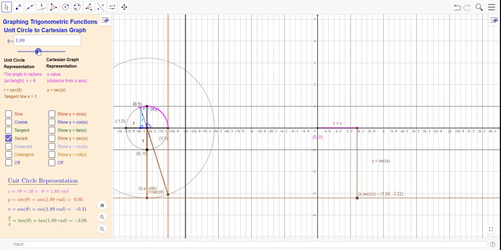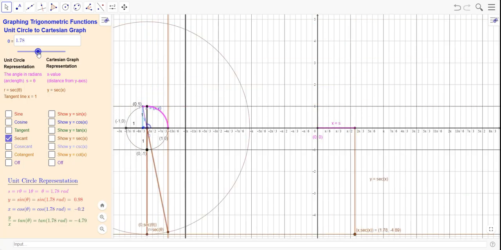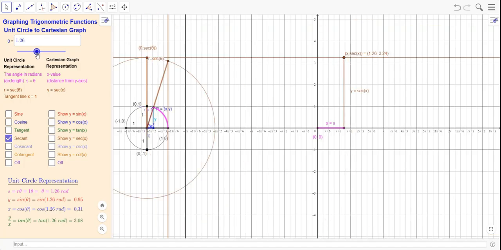It gets really, really big, so that as you're approaching pi over 2, it is approaching infinity. It's going way up there. Basically, again, it's undefined at x equals pi over 2, and just like the tangent, it's going to have a vertical asymptote there.